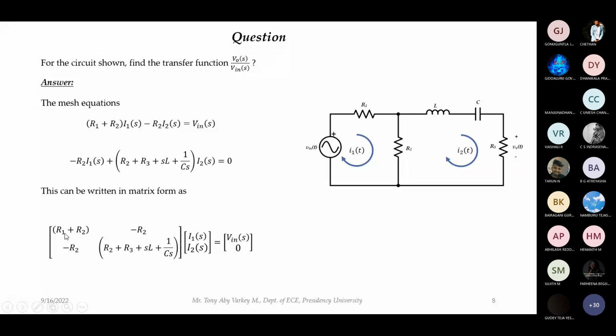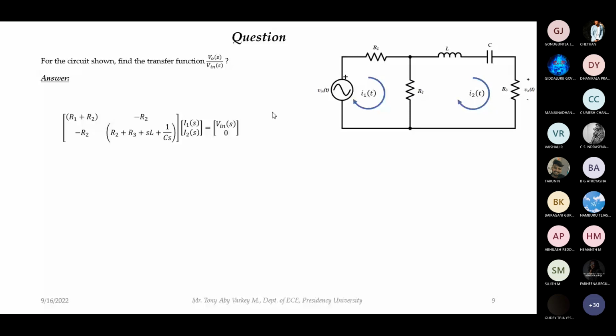R1 plus R2 into I1 minus R2 into I2 equal to Vin of s, which is the first equation. Similarly, second row: minus R2 into I1 plus R2 plus R3 plus sL plus 1 by Cs into I2 equal to 0, which is the second equation.